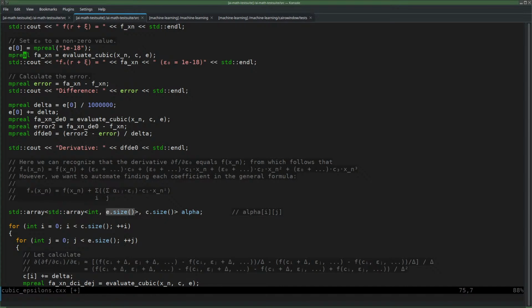Is that nonsense? Let's see. Epsilon 0 Z. Only epsilon 0 Z here. Oh my god. It's suddenly a tiny little bit more complex than I thought.